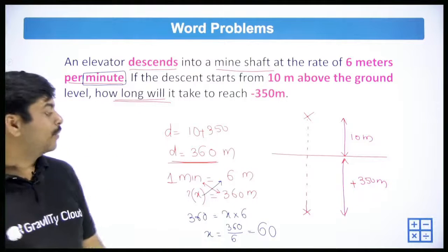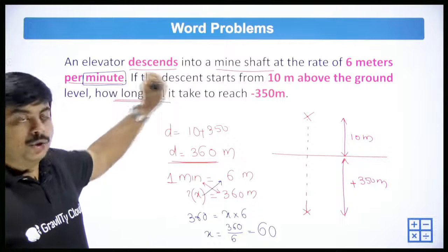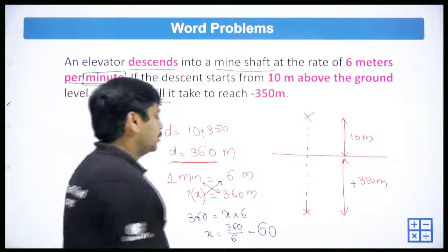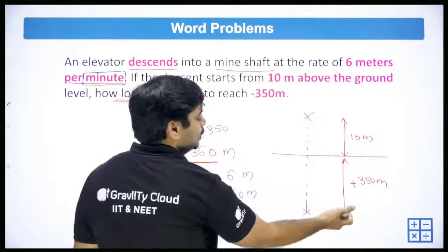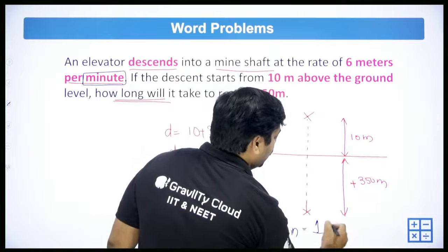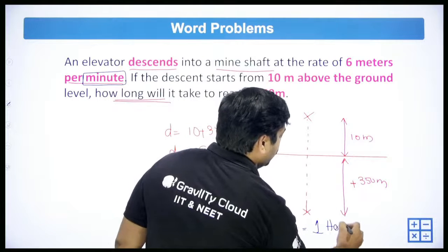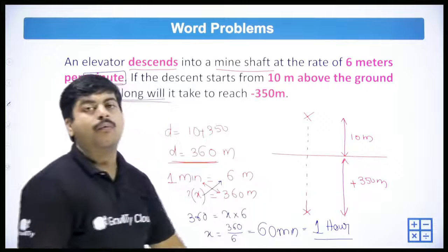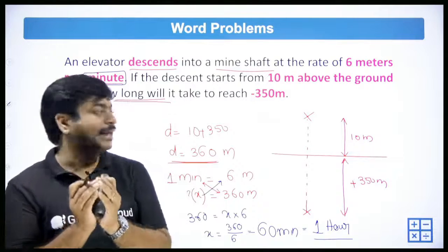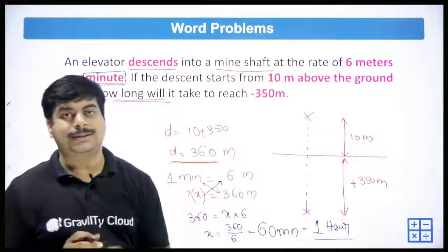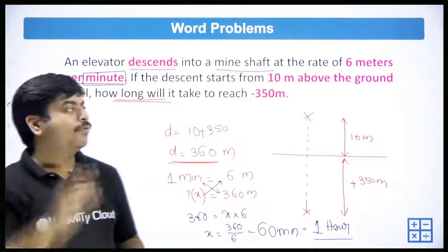So always be very confident with the units. So it is minutes. So 60 minutes it will take to travel, which is equal to 1 hour. 60 minutes or 1 hour, both are the same. That is the total time it takes to travel all this distance. Let's move to the next question.